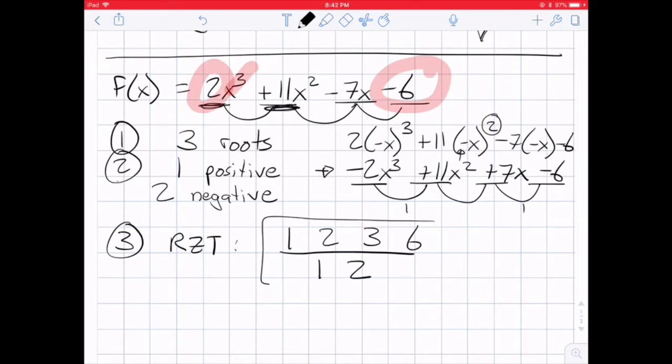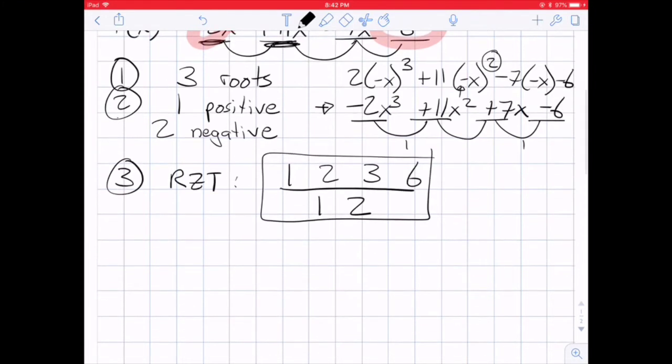And I'm using this to build a list of possible rational zeros. So I will take a number from the top and a number from the bottom, and I'll create a fraction. So if I had 1 over 1, that's just a 1. I could have a 2 over a 1. That would be 2. I could have 2 over 2, but that's already a 1. I've accounted for that, so I don't need to do that one specifically.